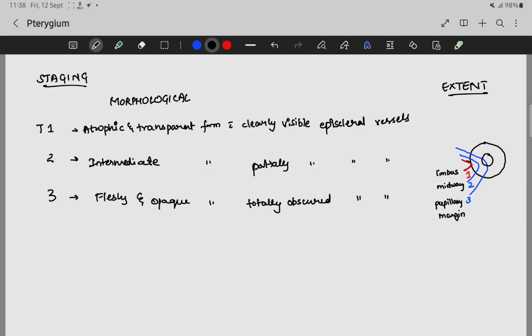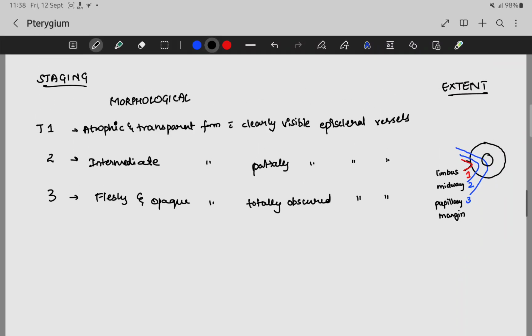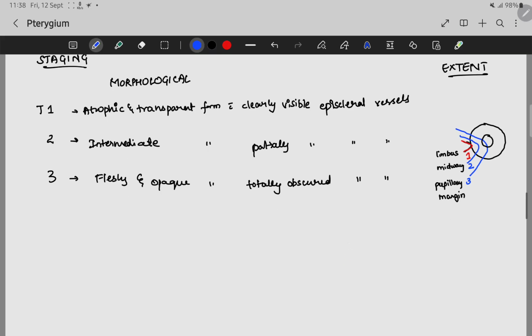So we will discuss recurrent pterygium. The most common complication of pterygium surgery is its recurrence, right? We will discuss this a little before going into the management part.